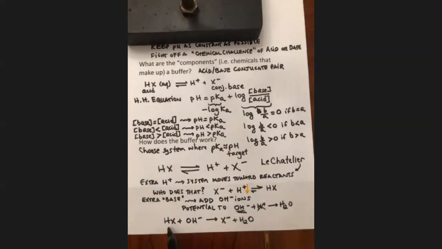So the acid of my buffer is the one that reacts with it to generate this. And again, technically, because the hydroxide ion is a strong base, and because it's going to be in an amount that is minimal with respect to the concentrations of HX, it'll pretty much go all the way there.